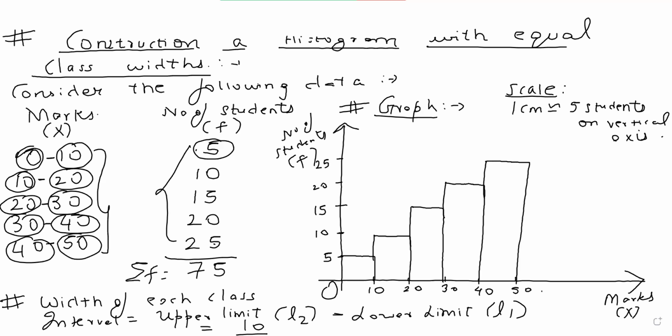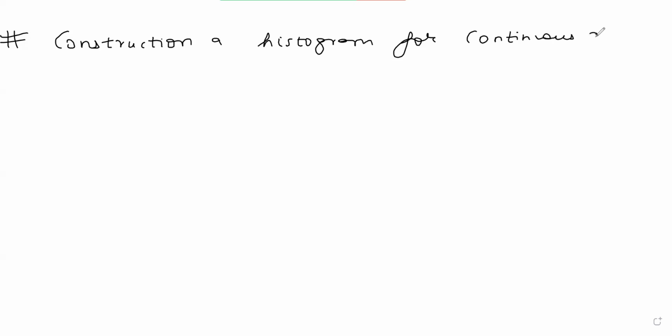Okay, so I hope students have understood this. Now let's look at how to construct a histogram if your class widths are unequal. So if I erase all this off, students can now write: constructing a histogram for continuous data with unequal class widths.